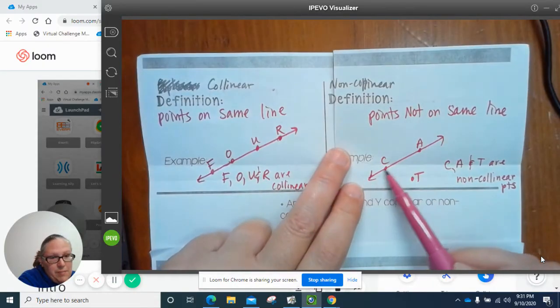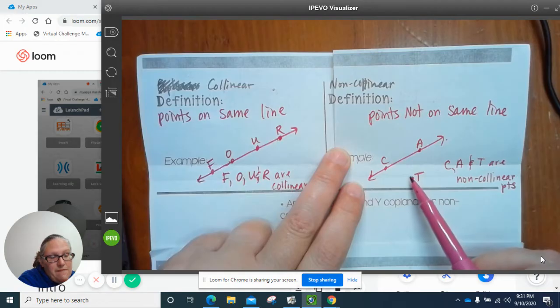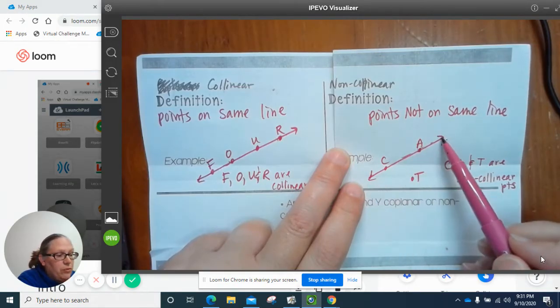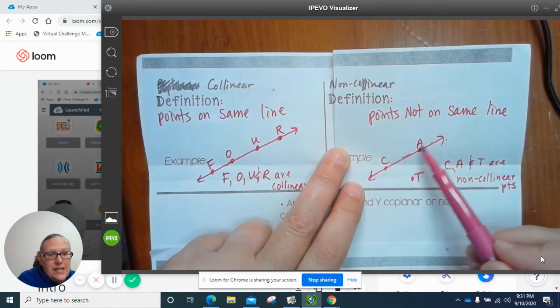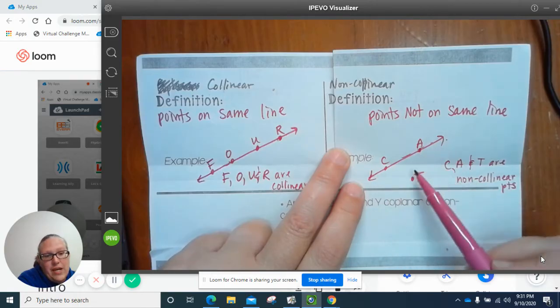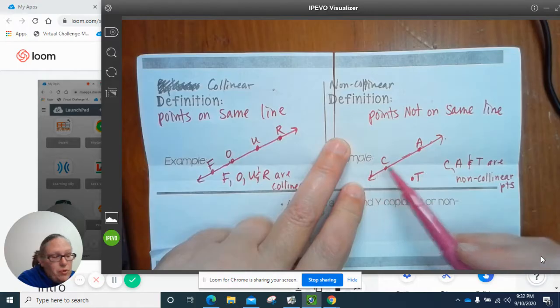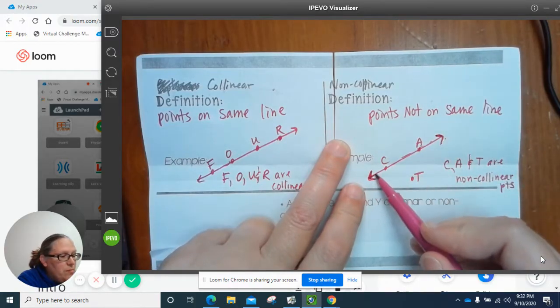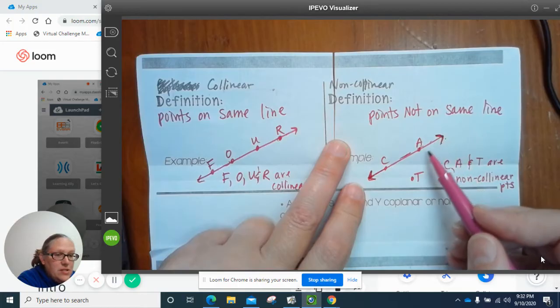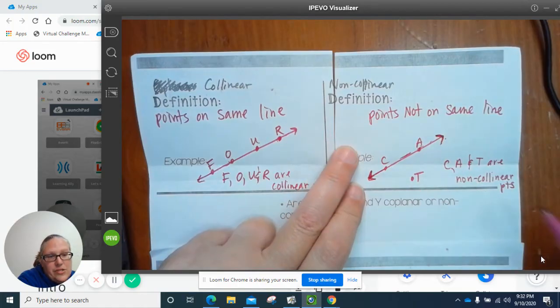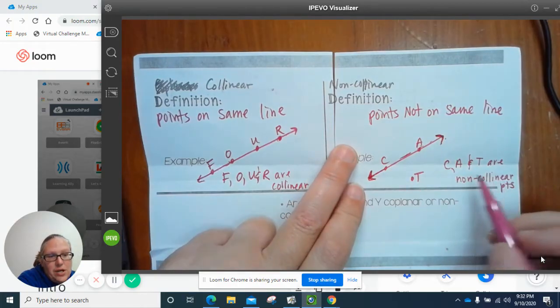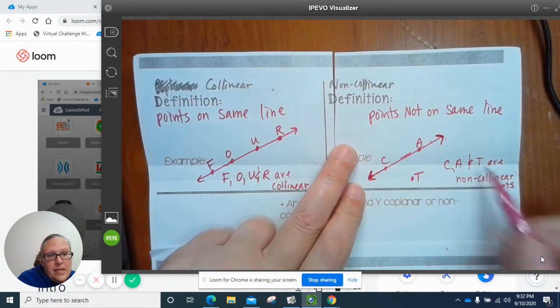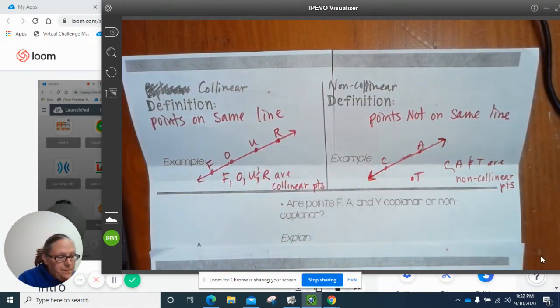So I drew an example of a line, I put a couple points on it, and then I drew 1 point that fell off the line. Okay, if you can connect points with a ruler, with a straight line where you don't have to curve or take an angle or do anything like that, those points are all collinear. If you have to veer off of that path to get to another point, that tells us they're non-collinear, not on the same line. C, A, and T are not collinear.